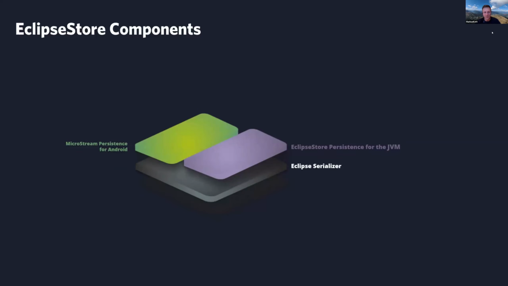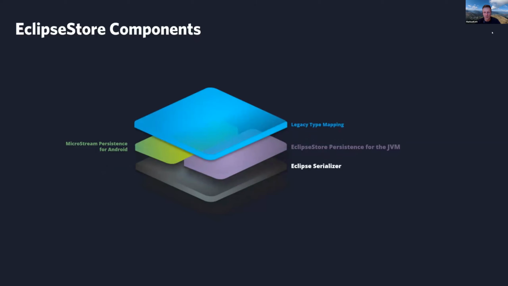I mentioned already that we have another implementation for Android. It's pretty much the same API. Then there are so many additional features we have in EclipseStore because it's not only serialization. With serialization, there are further challenges.